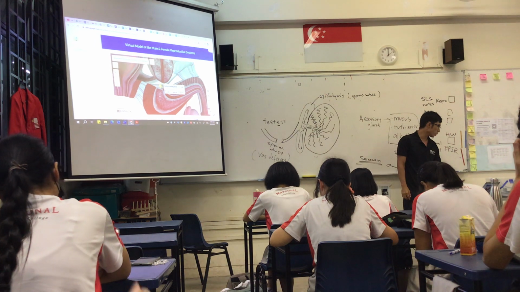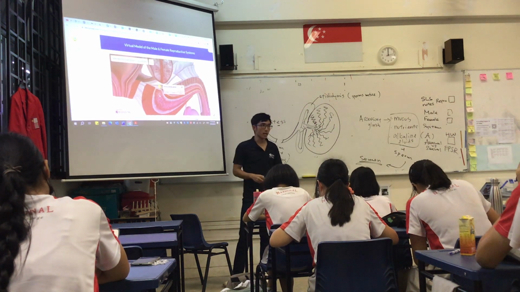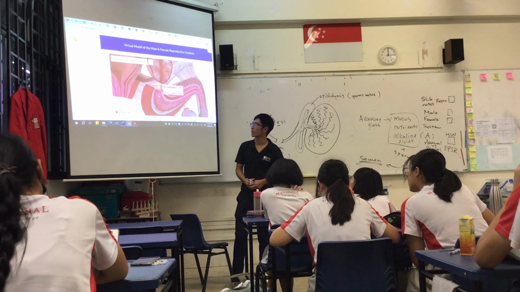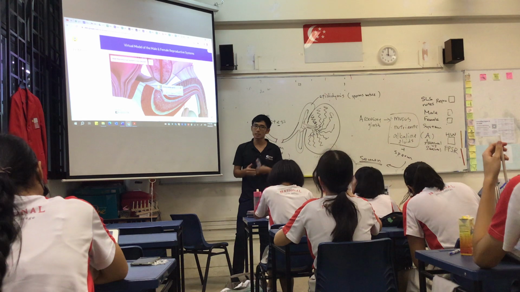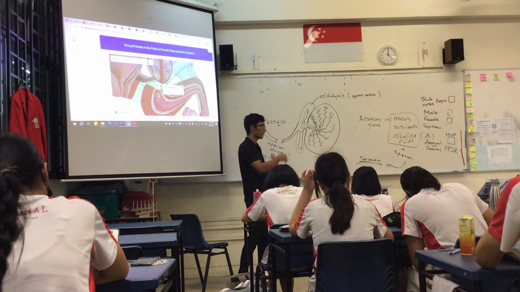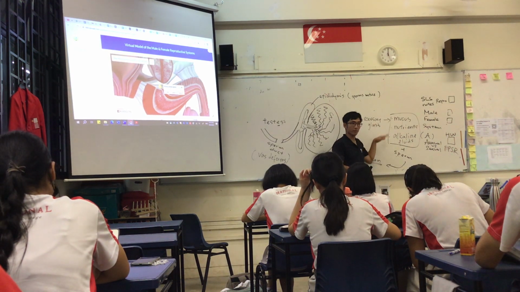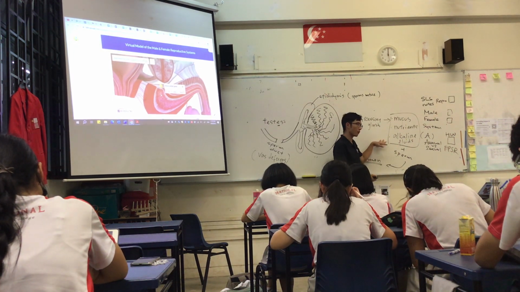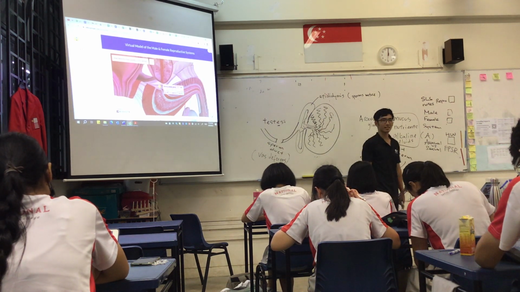It's also attached very closely to the urethra, so that it can nourish the sperms as they're going out. So know the location of these three glands, but don't need to know exactly which gland produces what. General understanding will do. And I hope you make sense of these factors: mucus for what, nutrients for what, alkaline liquids for what. Okay?